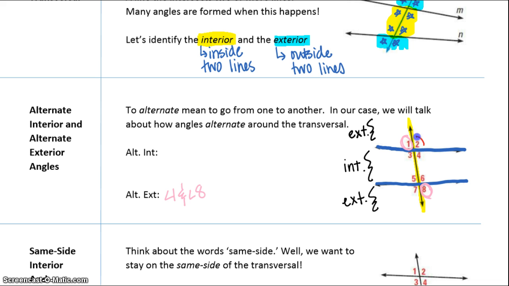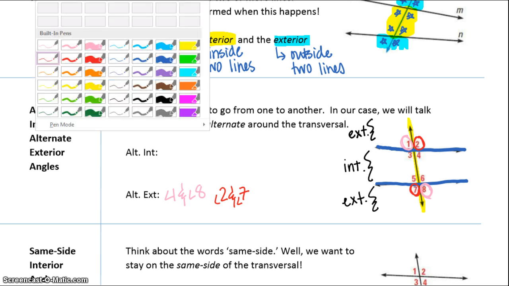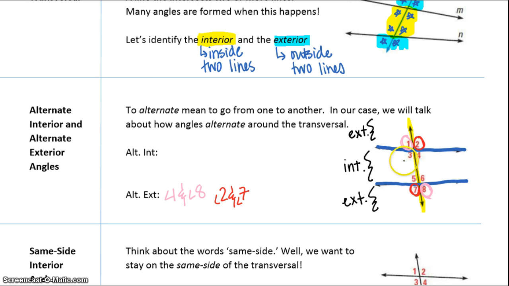Well, let's keep going with that. 2 is on the outside, and then if I go to the other side of the transversal, if I alternate over, 2 and 7 are alternate exterior angles. Well, let's go inside. Let's go into the interior. 3 is inside and then alternating onto the other side, but staying inside the 2 blue lines is 6.